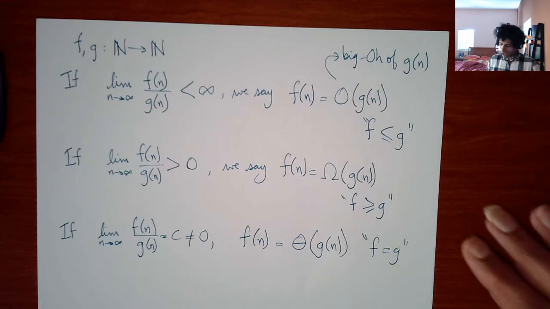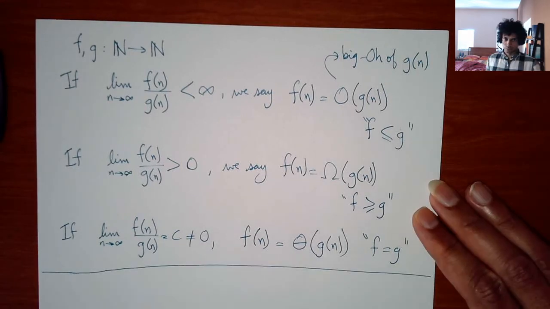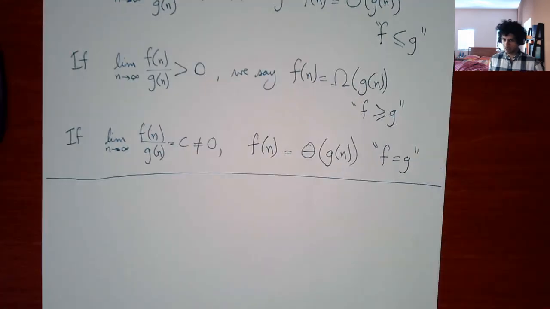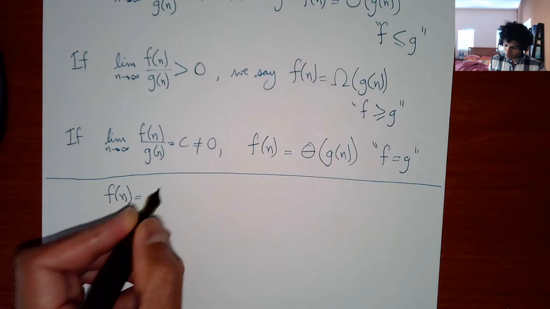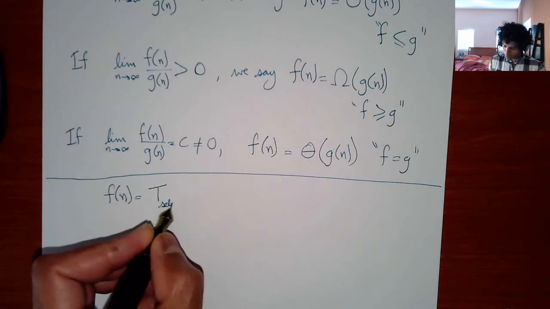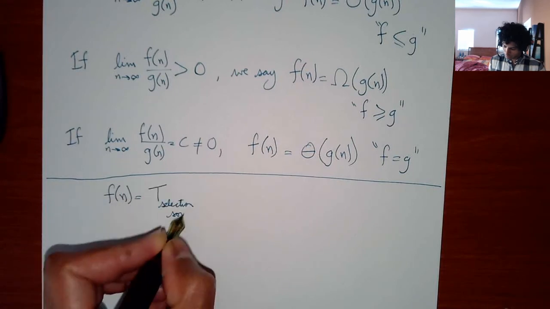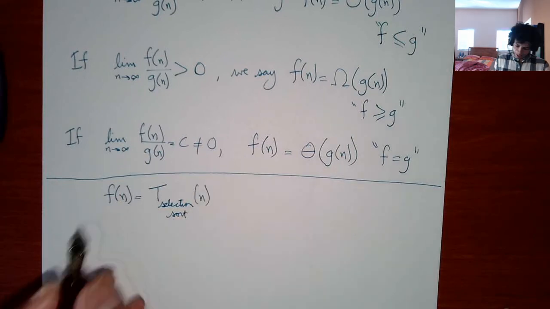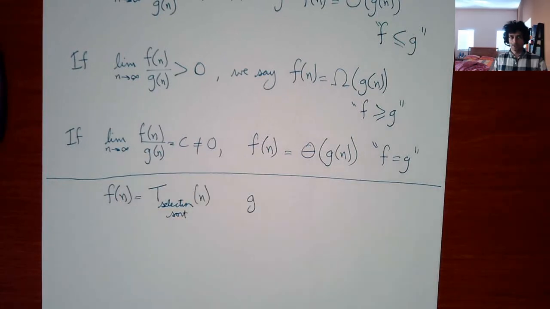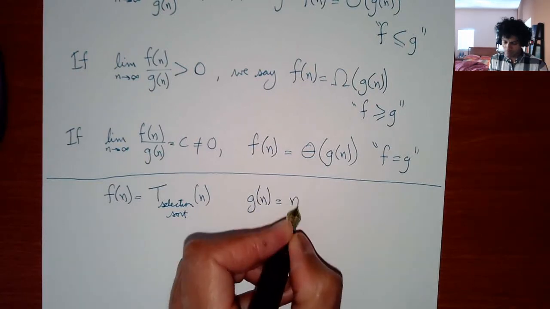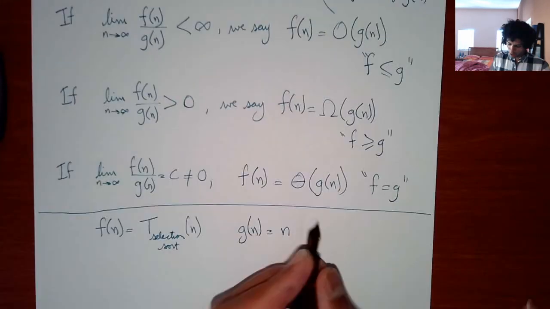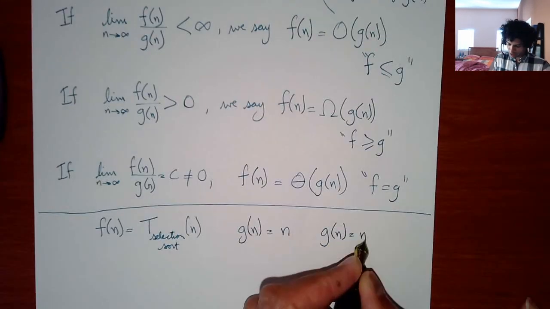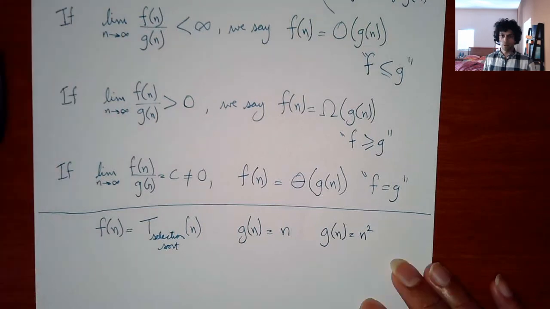So now if you want to compare functions, you could do something like this. You could say f of n is going to be T of selection sort of n, and g of n, instead of comparing it with some other algorithm, we can say, what if g of n was n? Then which of these are going to happen? What if g of n was n squared? Then which of these are going to happen?